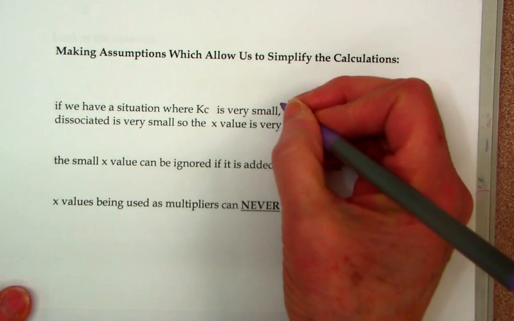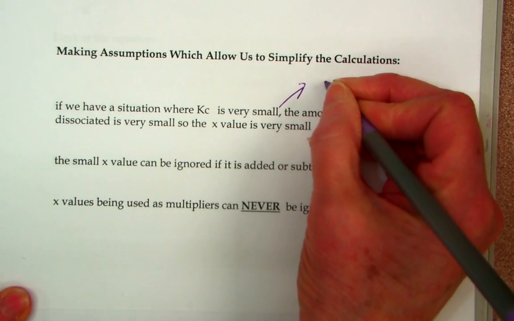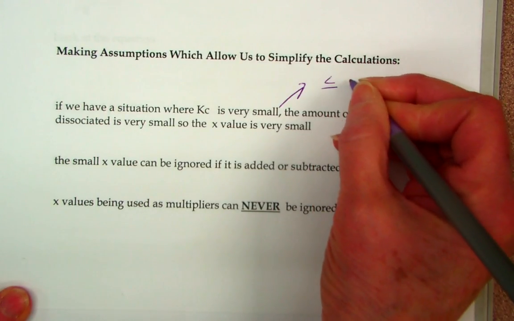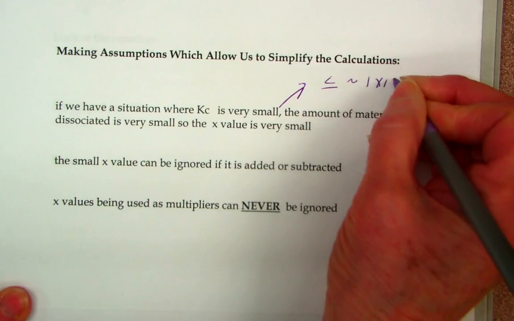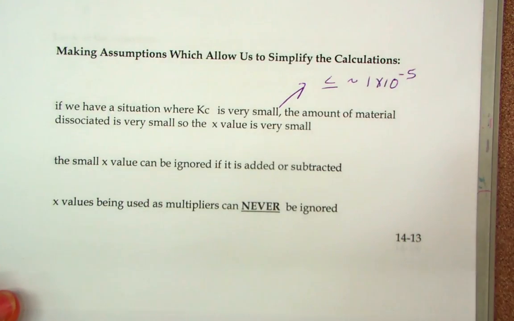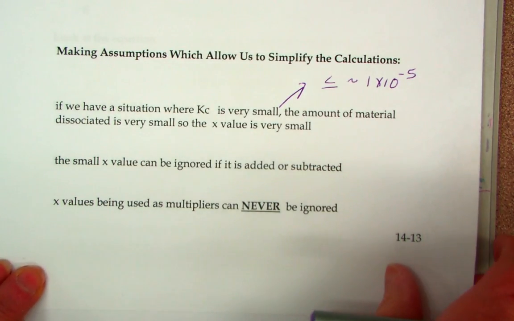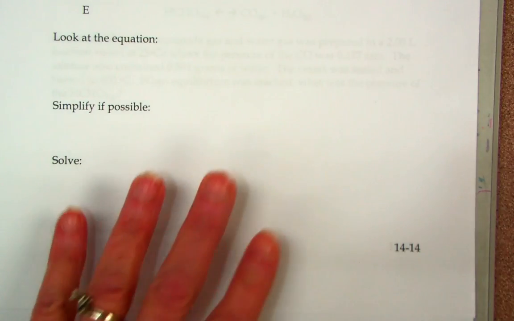So when K is small, and we define small as less than or equal to about 1 times 10 to the negative fifth, then the amount of material that actually reacts is so small that with sig figs, when you subtract that concentration x from the starting concentration, you essentially get the starting concentration. So we can ignore x and assume that the starting concentration and the equilibrium concentration are the same. But if you're multiplying that x out, you can't ignore it.